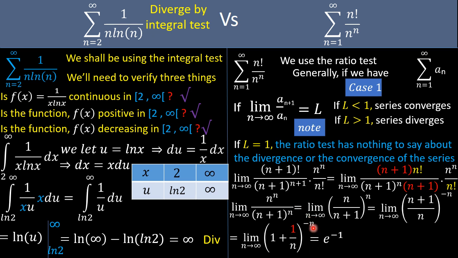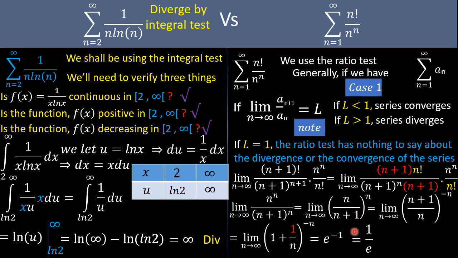So this simply becomes e raised to the power ab. Since a is 1 and b is negative 1, we are going to have e raised to the power negative 1, which becomes 1 over e. We know that e is about 2.7183, so this simply gives us 1 over e.